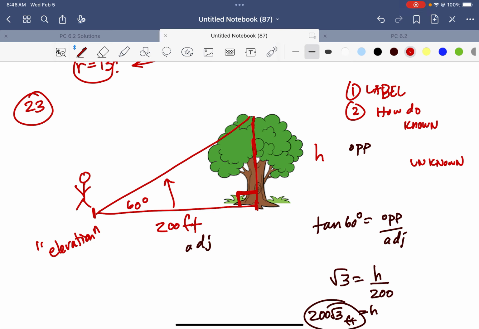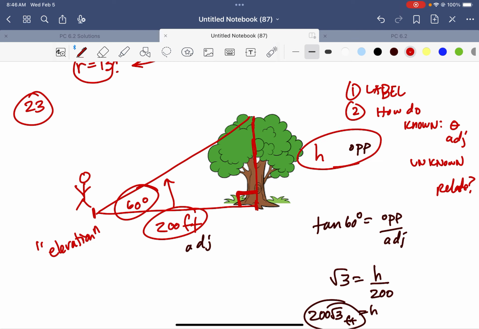That's really your step 2. And so the known in this case is I know my angle theta and I know my adjacent. And how does that relate to what I want, which is the opposite? So how do I relate theta, adjacent, and opposite?